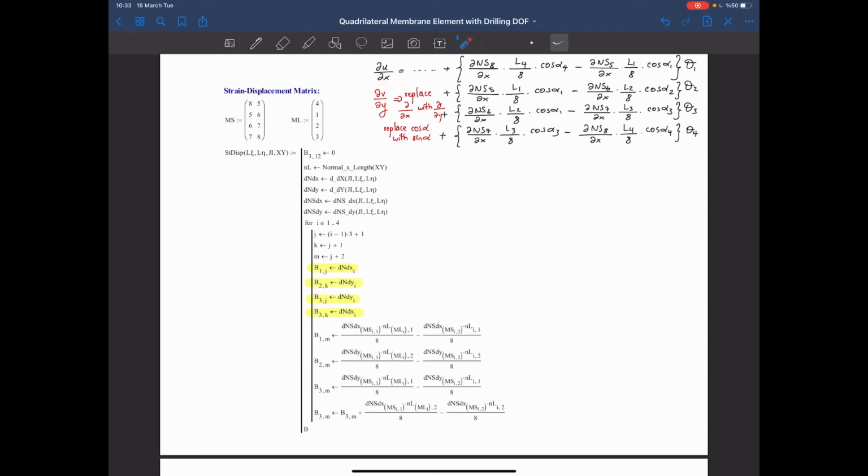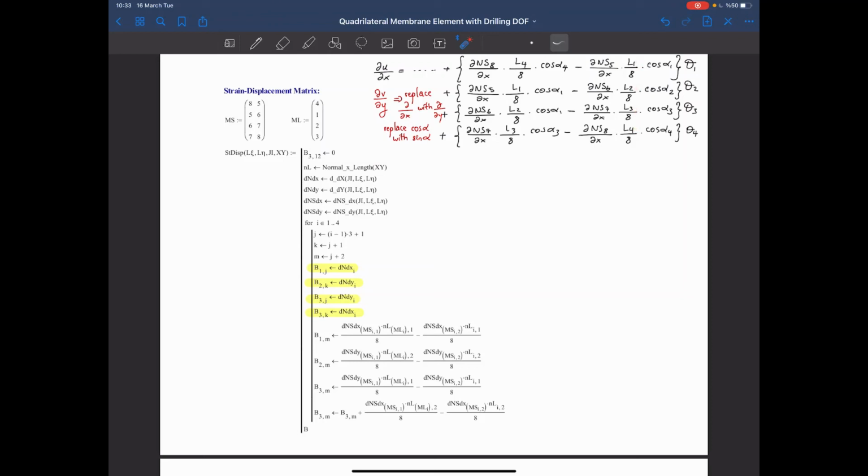So I have cyclic indices again here, 8, 5, 6, 7 represent these indices, all right? And 4, 1, 2, 3 represent these indices. 5, 6, 7, 8 are these ones. And of course our main index is I, 1, 2, 3, 4, okay?